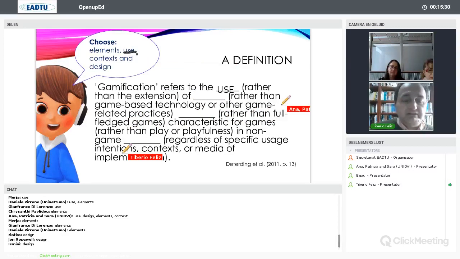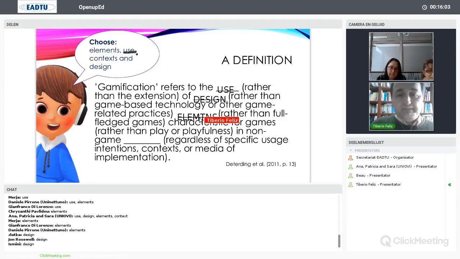So the first word here is firstly "design," and here "elements." Design elements.